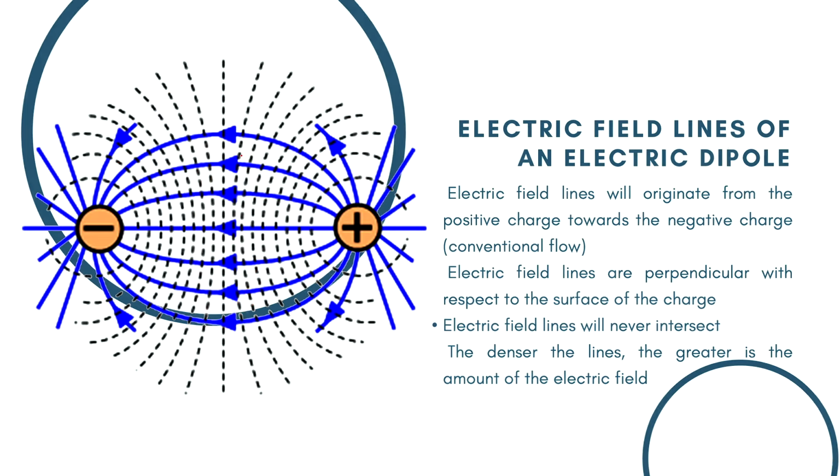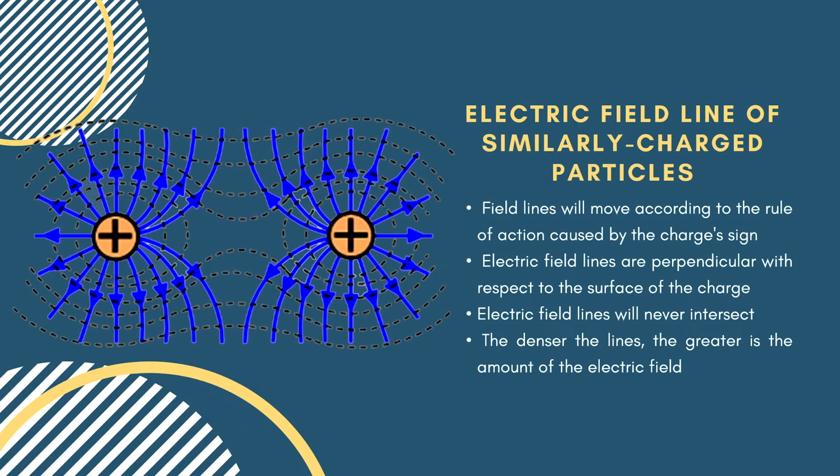All right, next we have similarly charged particles. So you have two positive charges, and the two negative charges will act like this as well, but you're going to change the direction of the arrowhead. That's the only difference for negatively charged particles.